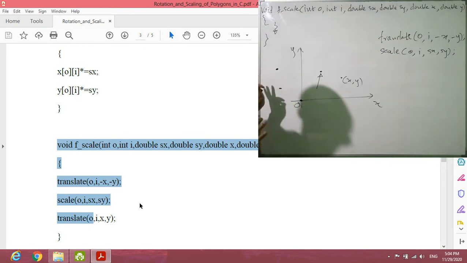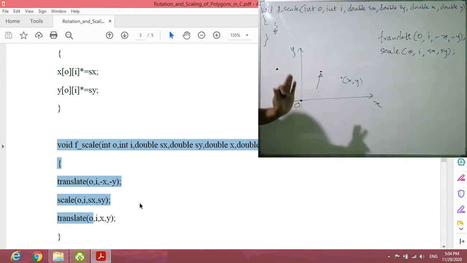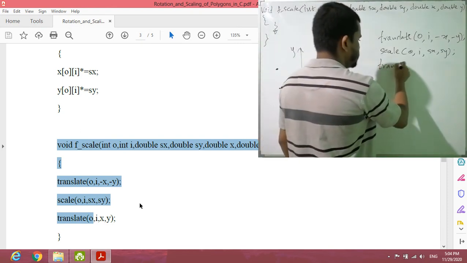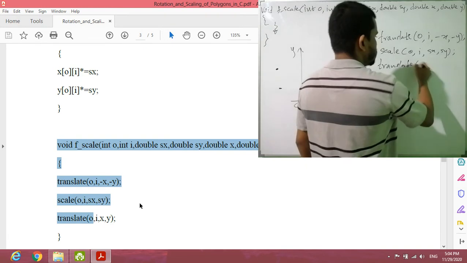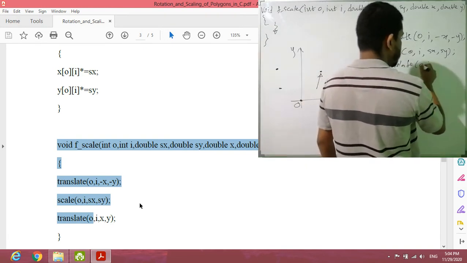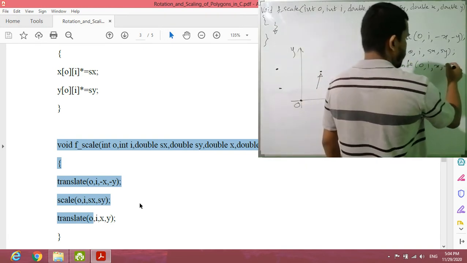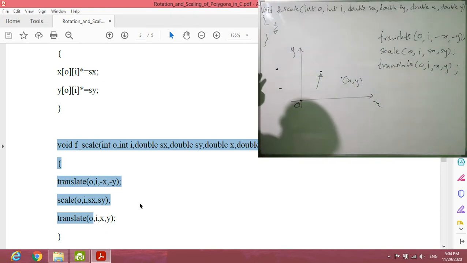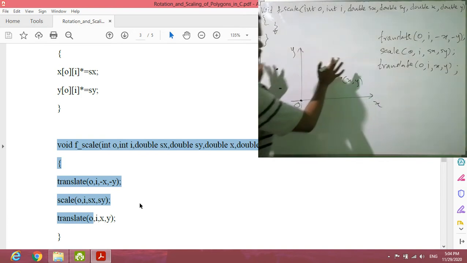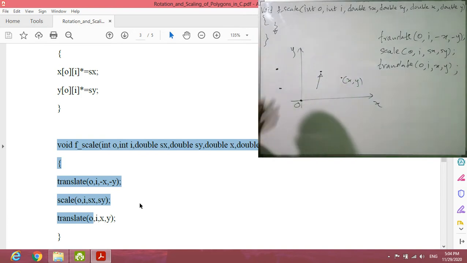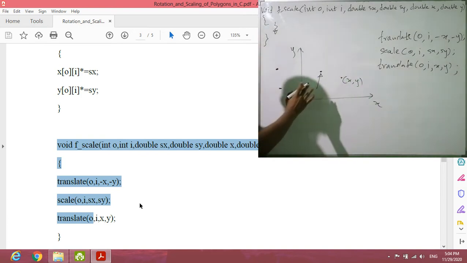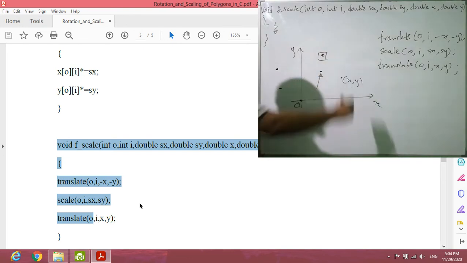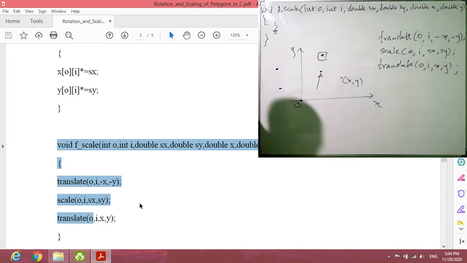Now again we have to push this to the original position, so we translate by o, i, x, y. Our new position will be somewhere here.